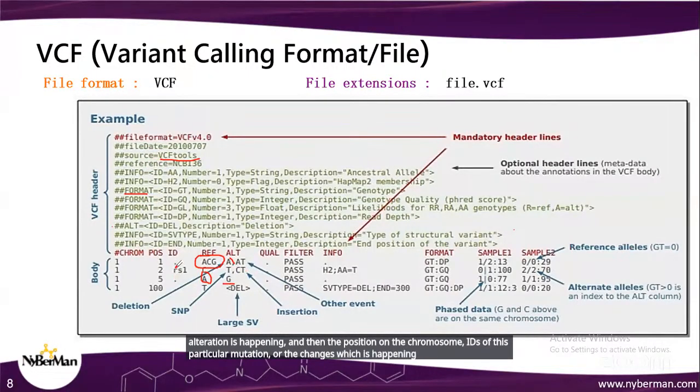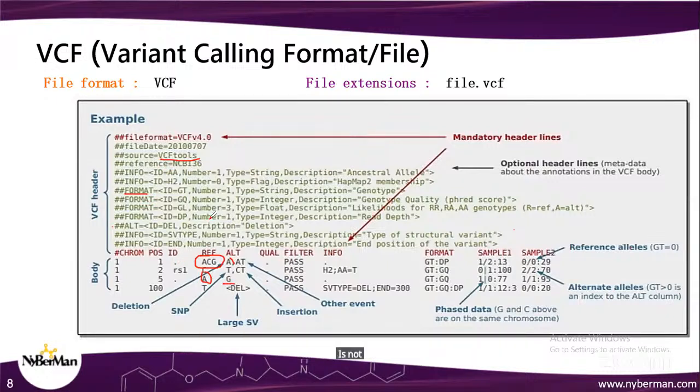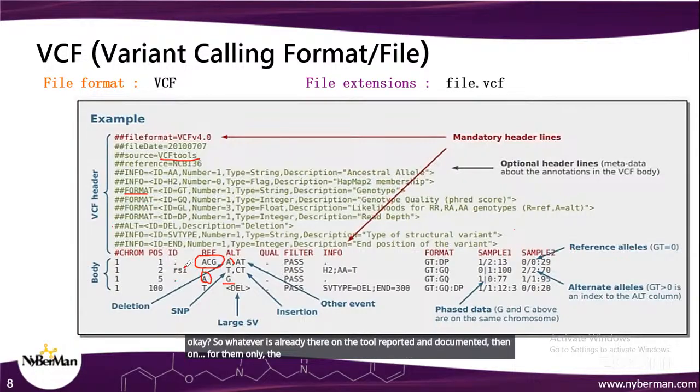For some, the ID is not mentioned because it is not identified by the tool on which you have done this mutation analysis. Whatever is already reported and documented in the tool will have its ID mentioned. Otherwise, you need to explore through a literature survey.